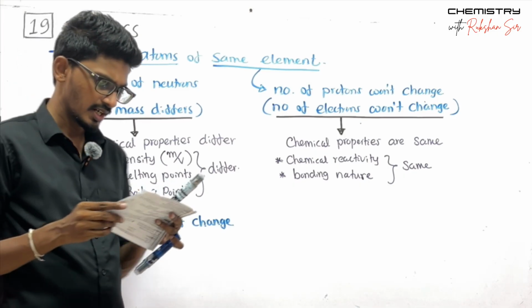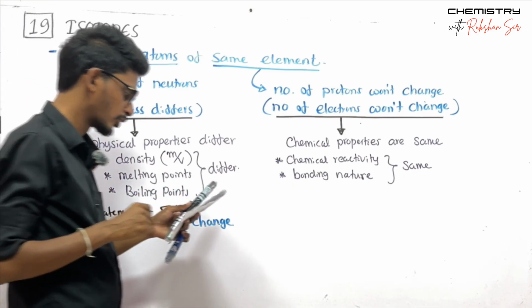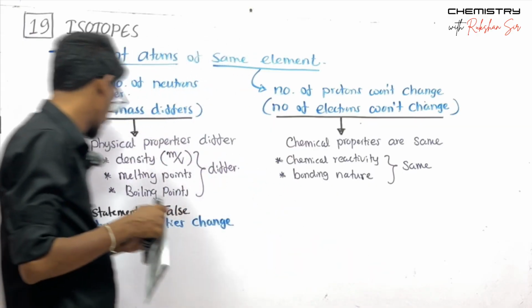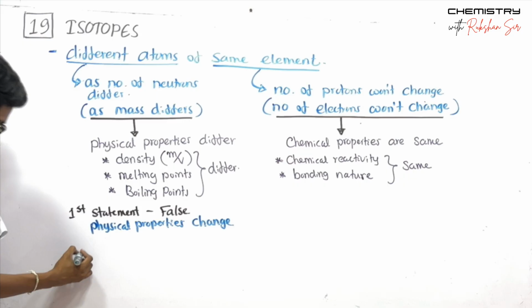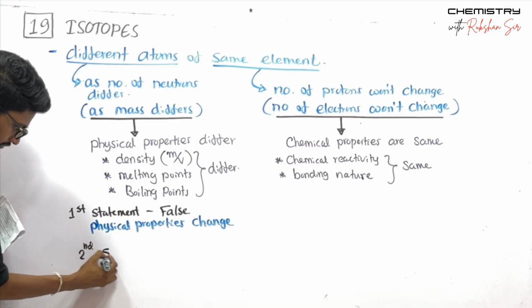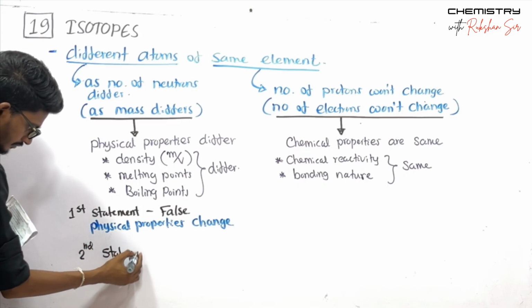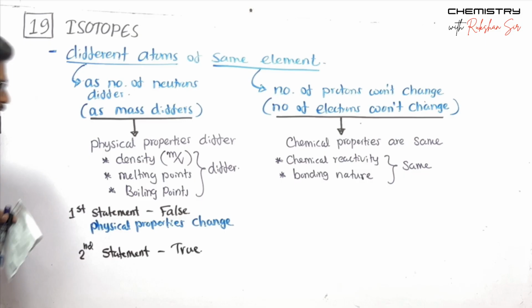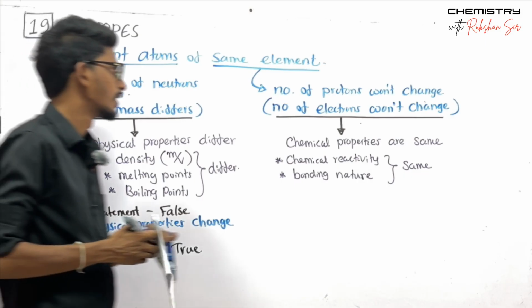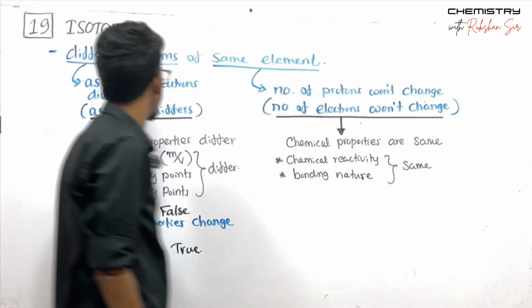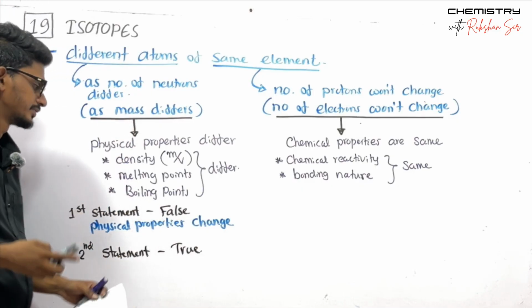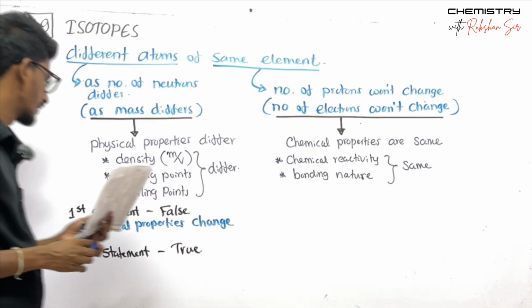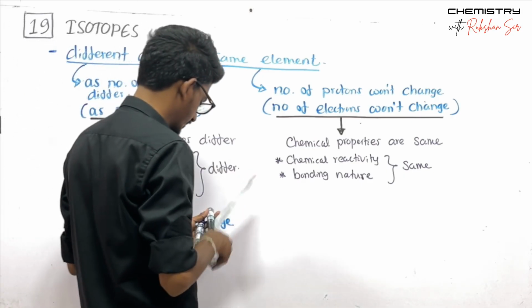Second statement: isotopes have the same number of protons but different number of neutrons. That is true. Same number of protons as you are dealing with the same element. Different number of neutrons, that is why the mass changes. Right? First statement false, second statement true.